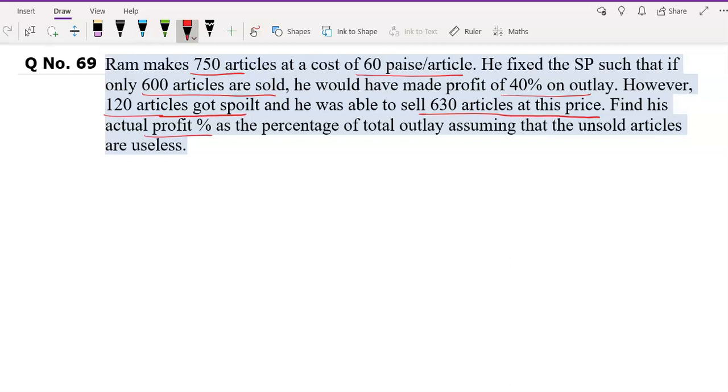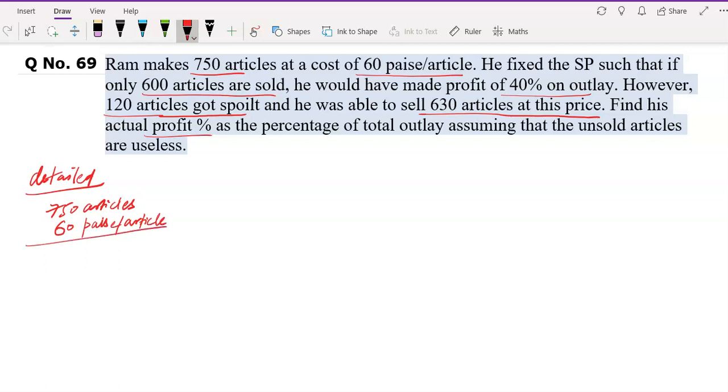Now this question can be solved in two methods. First we will see the detailed method. Now in this question it's given Ram makes 750 articles and the cost of each article is how much? 60 paise per article.